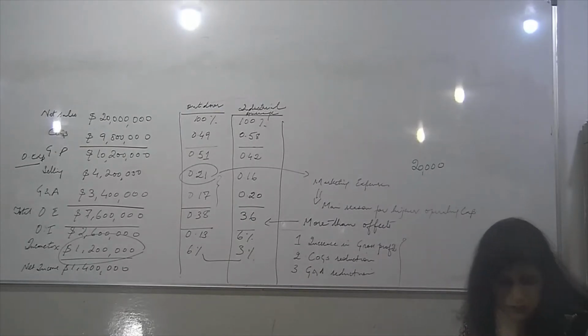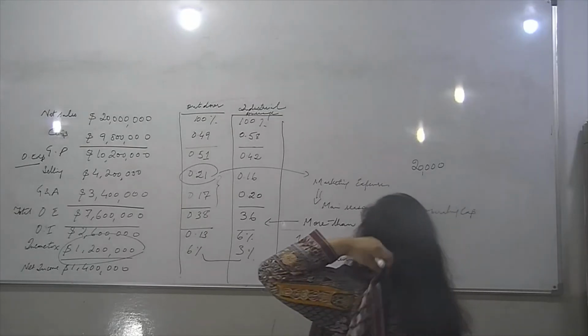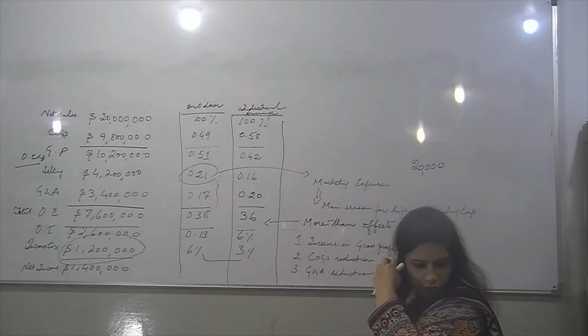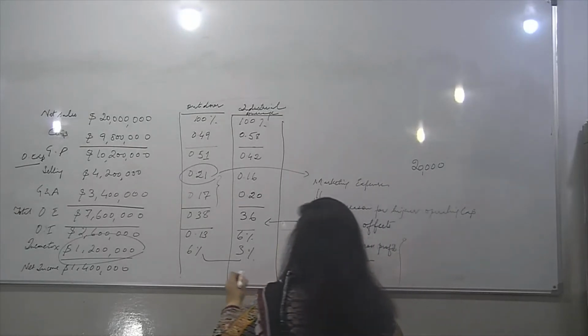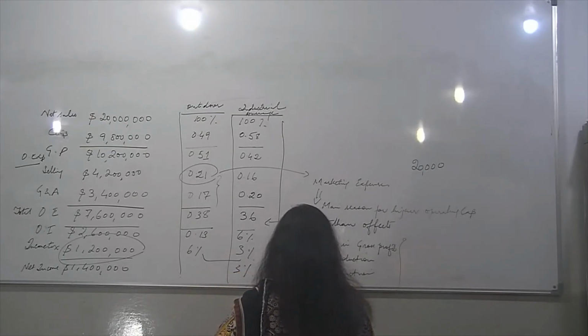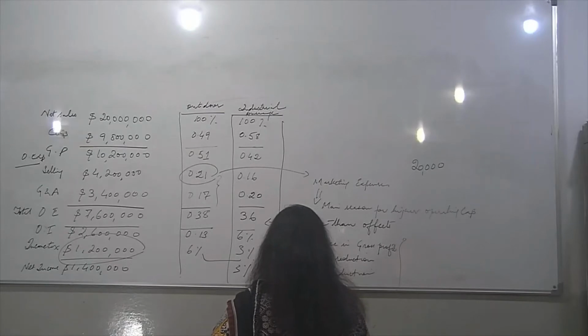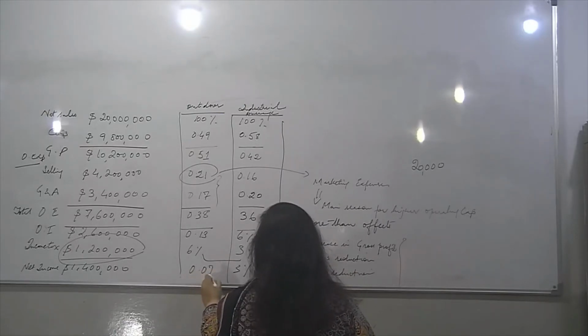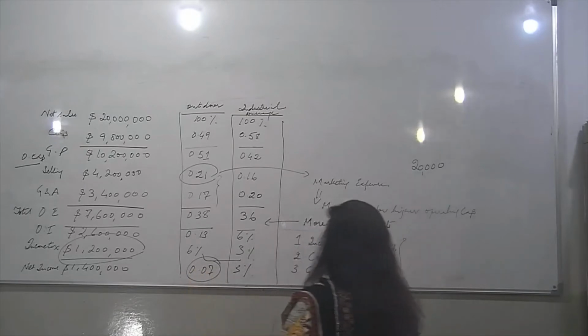Then we have net income as 3%. So let's just divide this by 20 million again, and you have 0.07. Again, we have more net income.